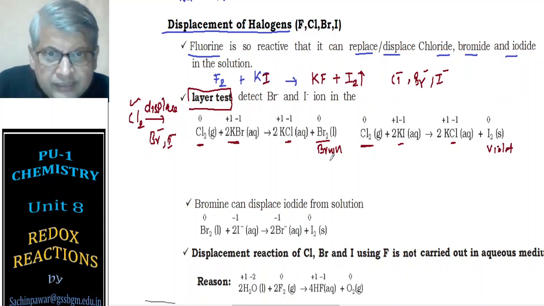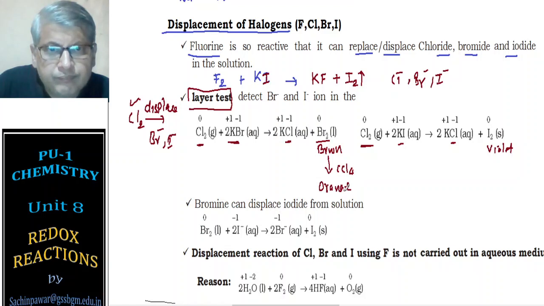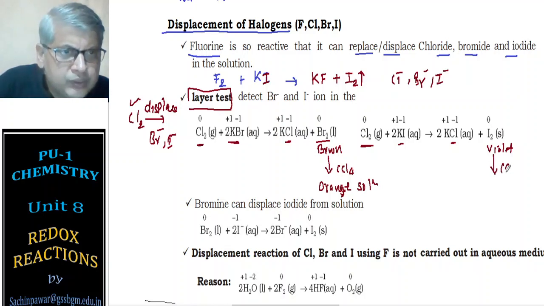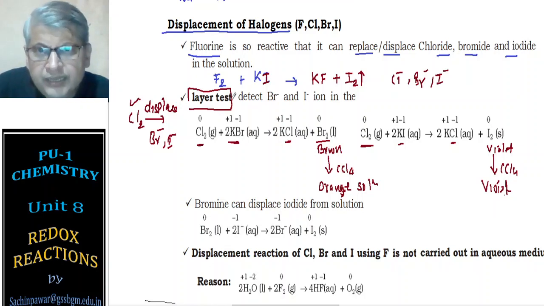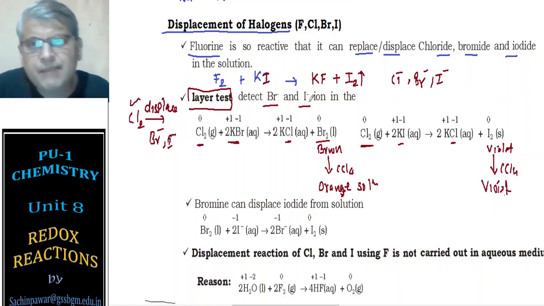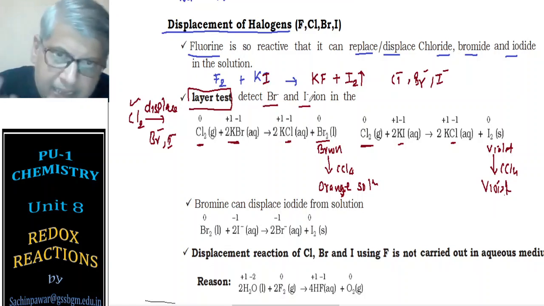Now bromine can easily dissolve in carbon tetrachloride to form an orange colored solution. And iodine also can dissolve in carbon tetrachloride and it can form a violet colored solution. And therefore this can be used as a test to detect Br- and I-, and that we will be doing in your practicals.